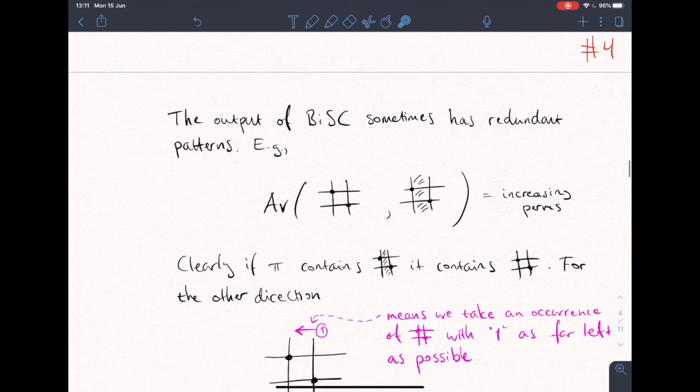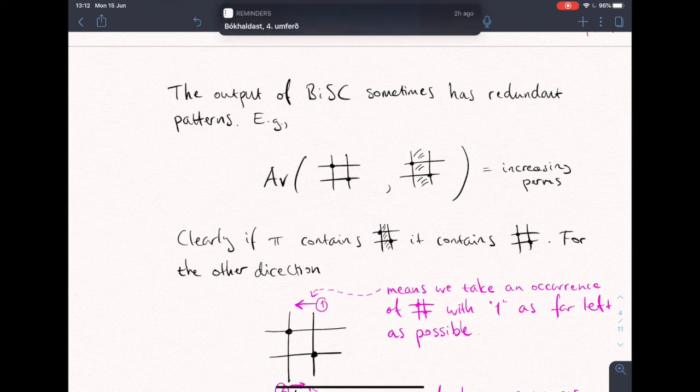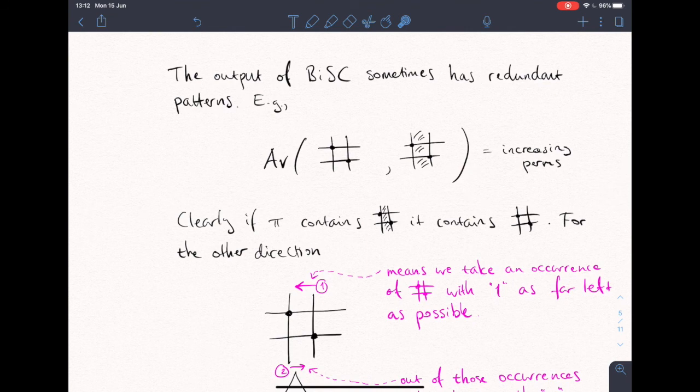So we'll start with an occurrence of 2, 1 in a permutation. And we'll not just start with any old occurrence. We'll start with something we tend to call a forced occurrence.